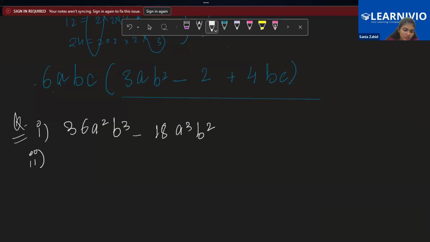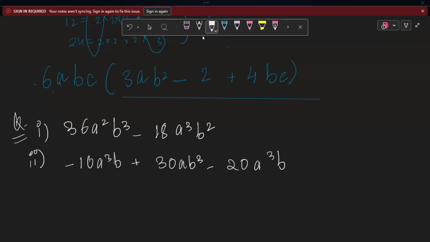Second one, you factorize minus 10a cube b plus 30ab cube minus 20a. Just do it and raise your hands when you're done.